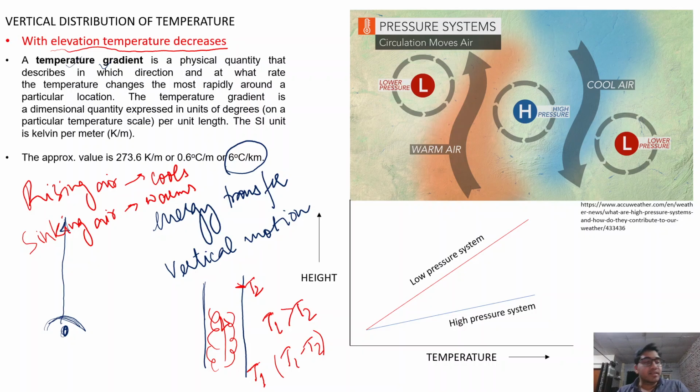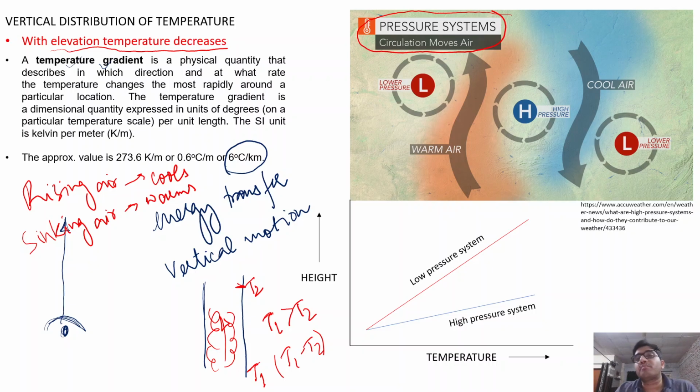Now, in this case, a very important factor is the pressure systems. We all know that the force per unit area applied by the atmosphere is called atmospheric pressure, and once the pressure is high, the air will start moving from high pressure to low pressure, and where the pressure is low, it is the reverse.